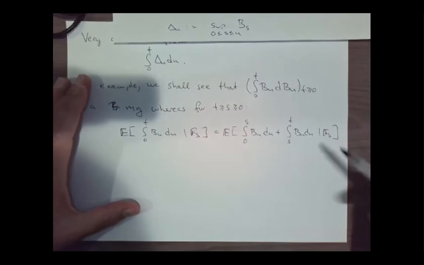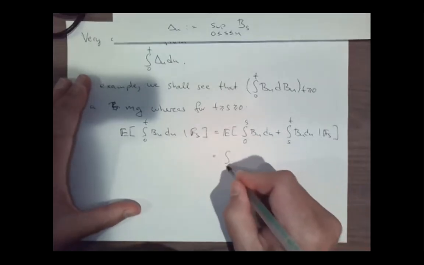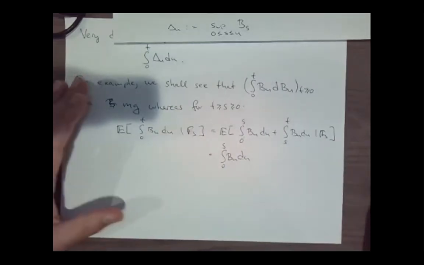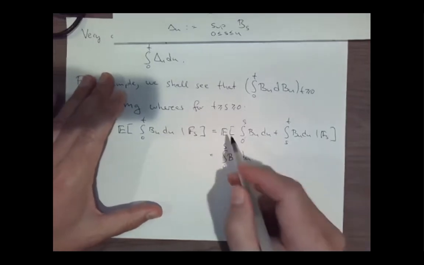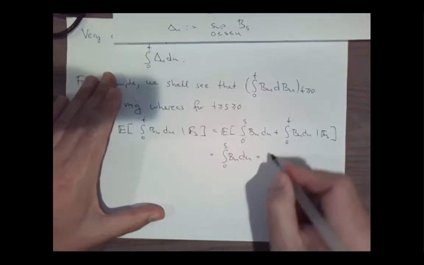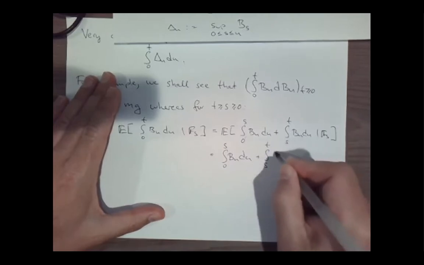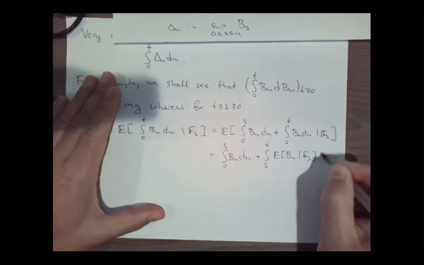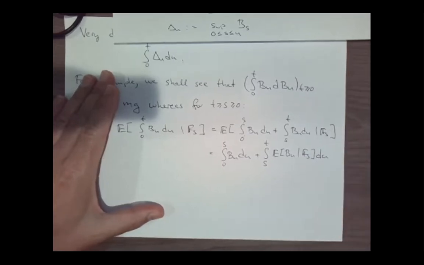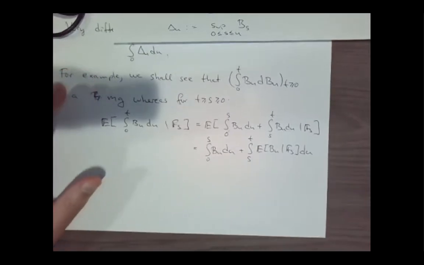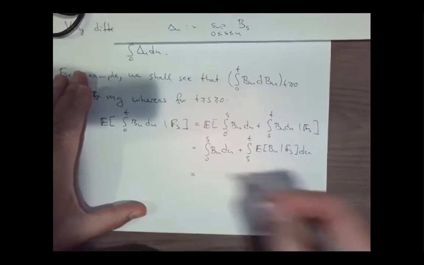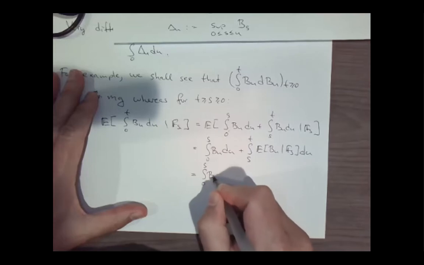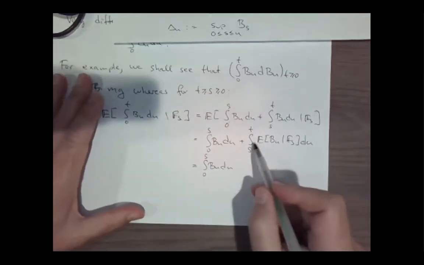This is going to be measurable with respect to fs, so I'll simply have the first part is this guy. And now for the second part, I can pull the expectation inside the conditional expectation. So here I'll get E of bu given fs du. And so we will have the first term and we'll have the second term.